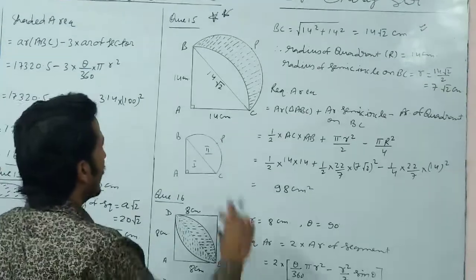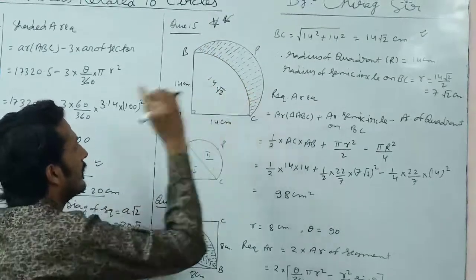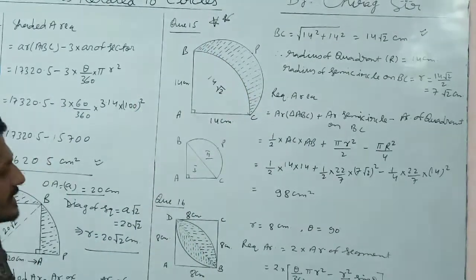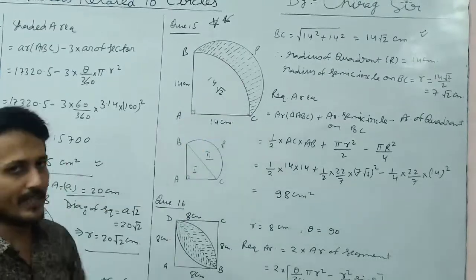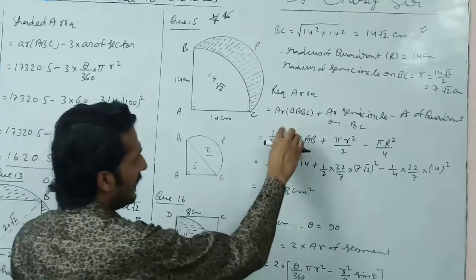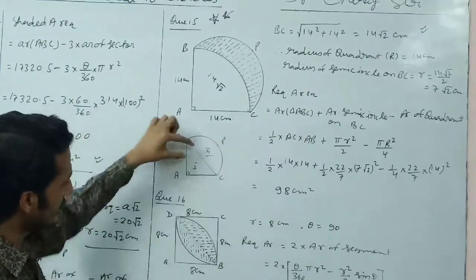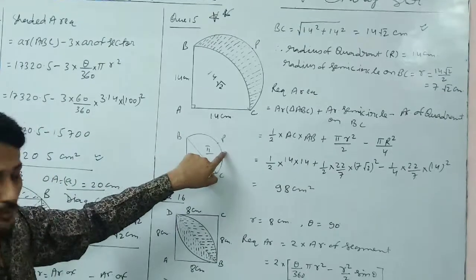So by adding these two things we get the complete area of the figure. And if we subtract the area of this quadrant from it, then we will have definitely the shaded area. So for that, if we add area of triangle ABC plus area of semicircle on diameter BC, then we get the full area, the full figure.